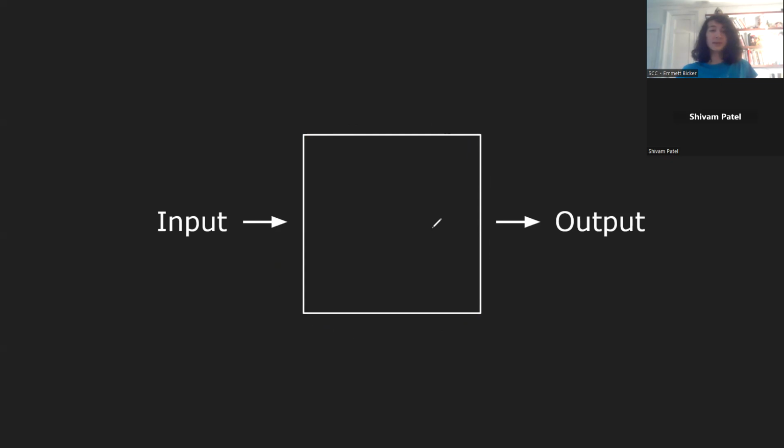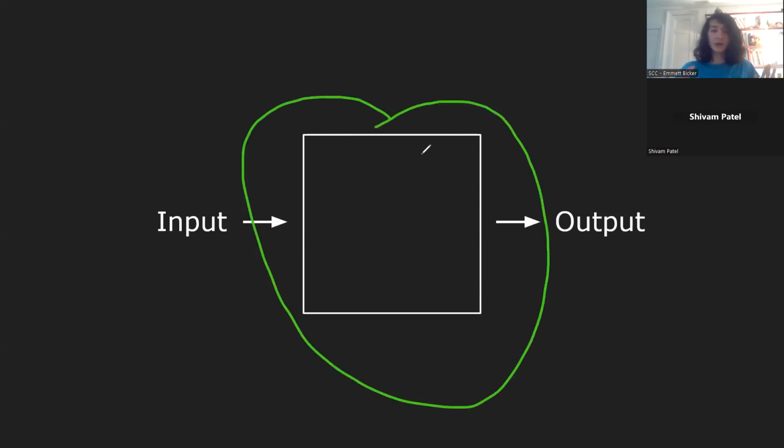Or maybe I'm doing something way more complicated, like this mouse function, where my input is my trackpad being pressed down and then me moving it around, and I have to turn that into all these pixels on the screen.